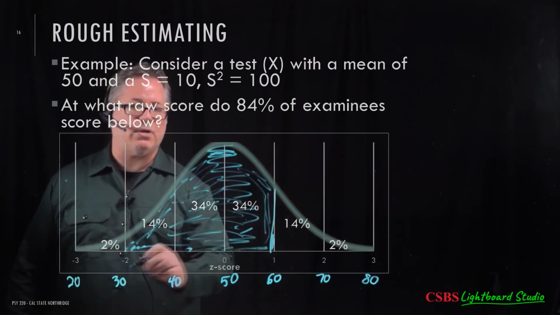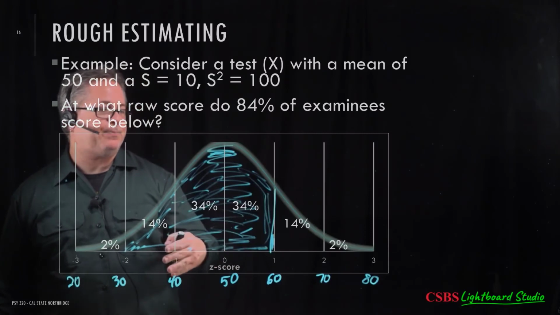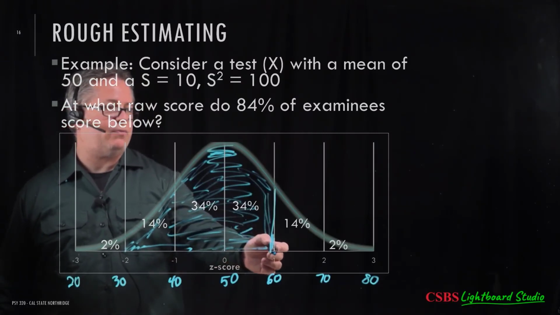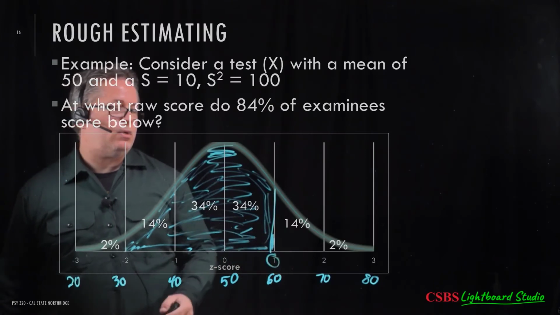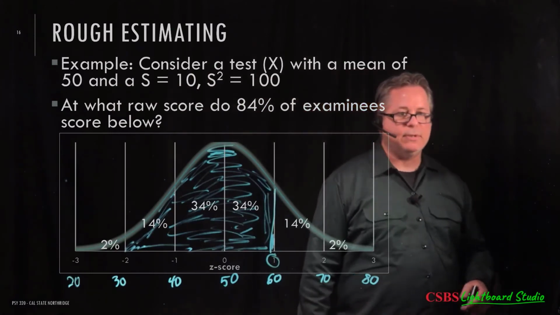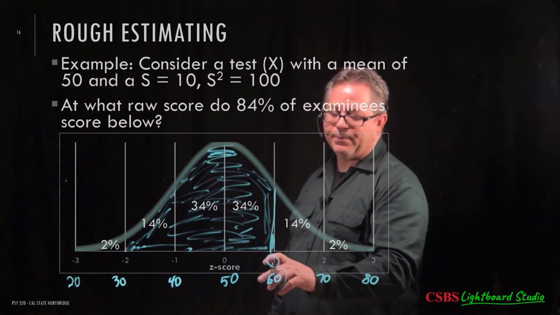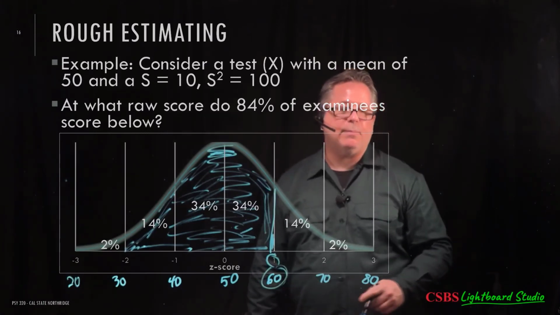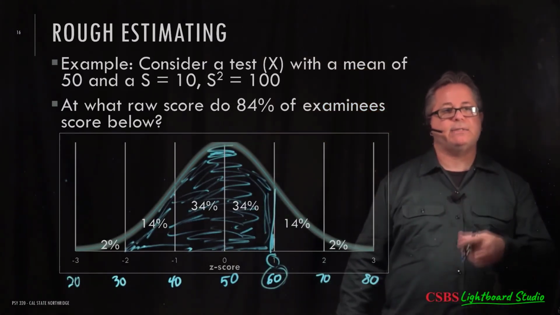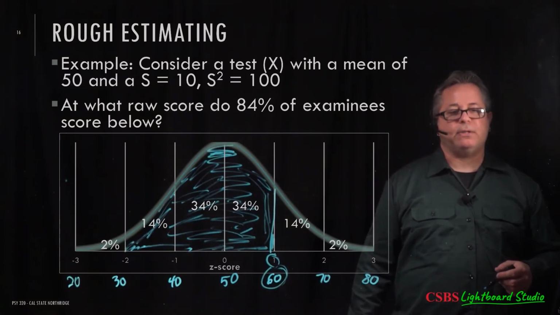If I scored there, the rest of this distribution would all fall below that. So that means if I get a z-score of 1, I would score better than 84% of respondents. And because I drew this out, that tells me I need to score 60. If I scored a 60 on test X, then I would have scored better than 84% of respondents.